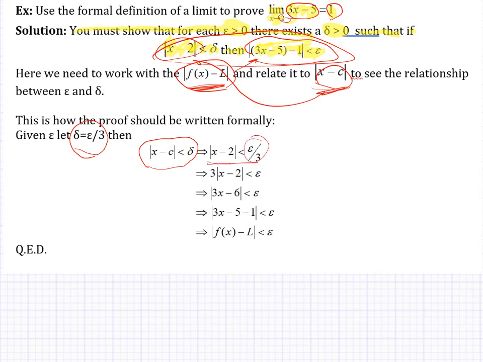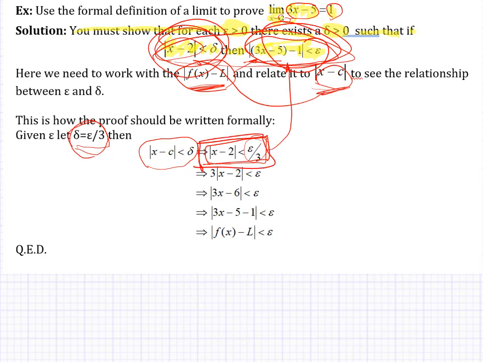And we want this statement to essentially give us this: if this happens, then this happens. So if we let delta equal epsilon over 3, can we make x minus c less than delta give us f of x minus L is less than epsilon? And it will, because of the delta that we chose.